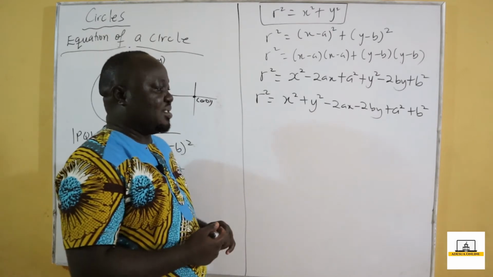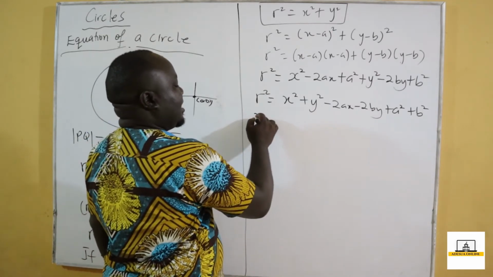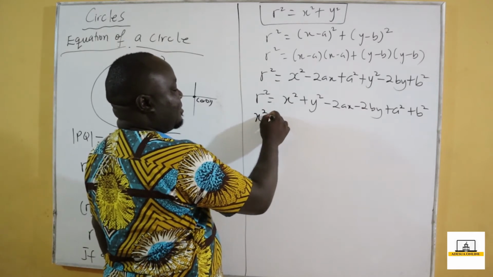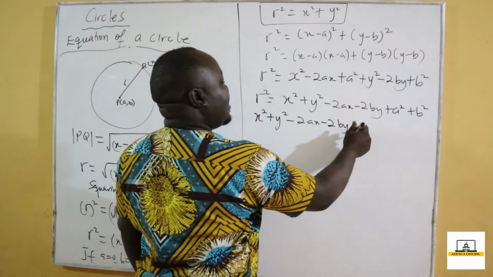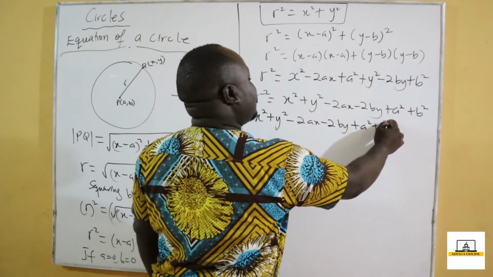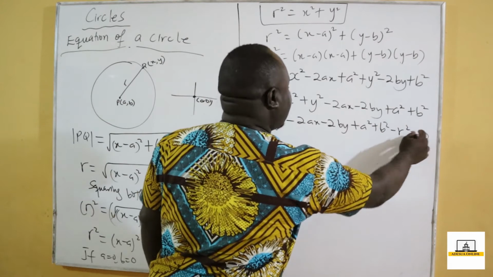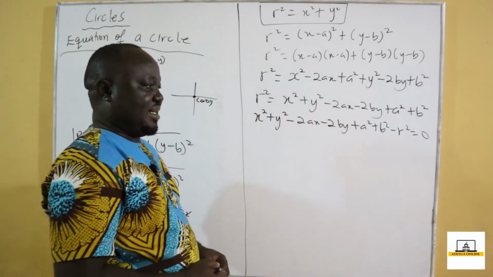Now when we equate this to 0, we get x squared plus y squared minus 2ax minus 2by plus a squared plus b squared minus r squared is equal to 0, when we bring the r squared to the left hand side.